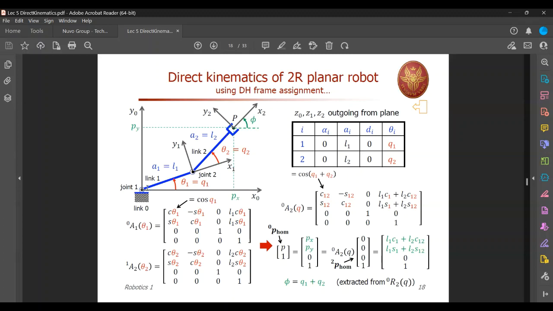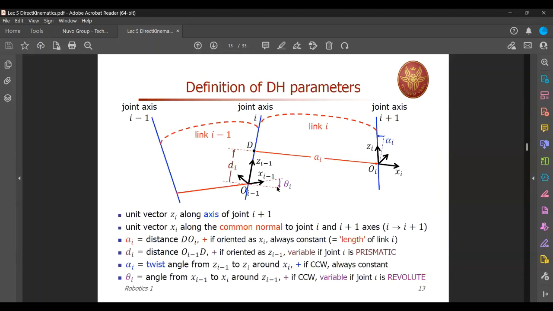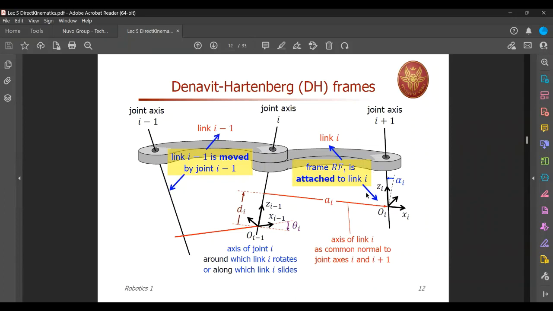So what we have is 2 links, 2 coordinate frames, 2 joints. So we prepare this table we call the DH table with i, alpha i, A i, D i, and theta i. So these are coming from this illustration. Remember that? Theta, D, A, and alpha. If I go back a little bit, theta, D, A, and alpha.